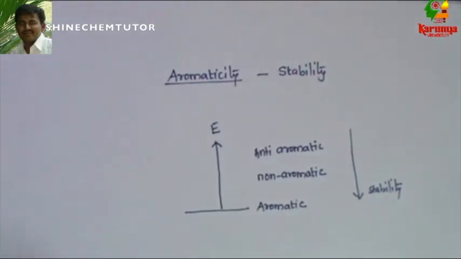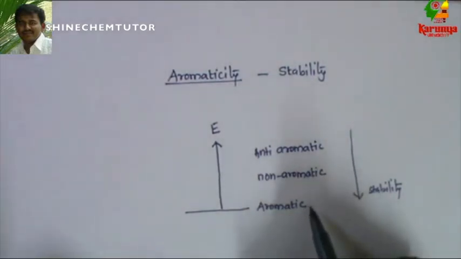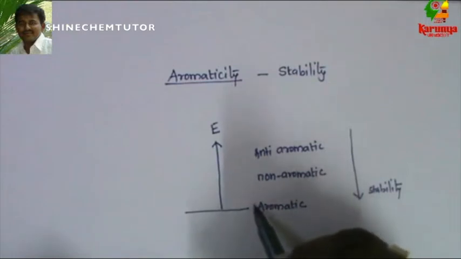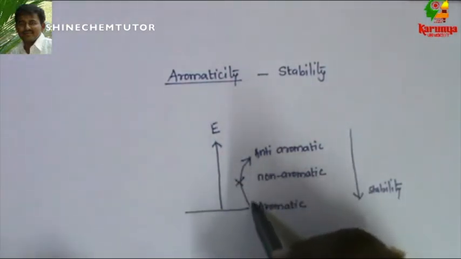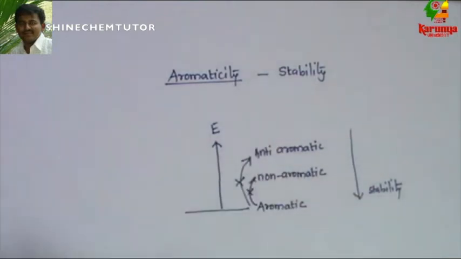This one is very important because this decides the chemical and physical properties of a compound. An aromatic compound, since it is more stable, may not prefer to become anti-aromatic or non-aromatic, which have higher energy and less stability.